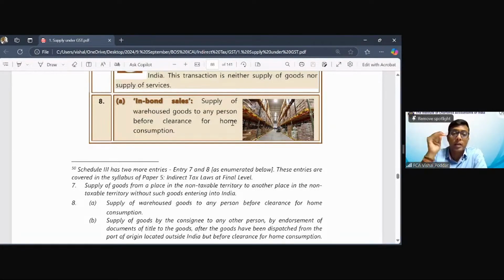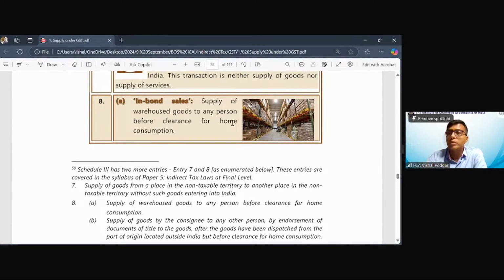We have studied that. Now, my goods are imported from UK. I have not yet cleared it. I have asked the customs to keep it in custom warehouse. So they are kept in custom warehouse, which is called into bond warehouse. Now, while the goods are into bond, I get a customer. Let us say you approach me, you want to buy these goods from me.